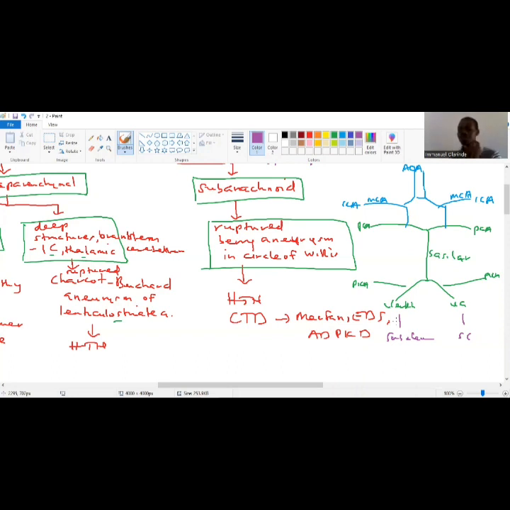Also patients with migraine with aura, sometimes it affects the posterior circulation. So these people usually have posterior circulation stroke, not anterior.